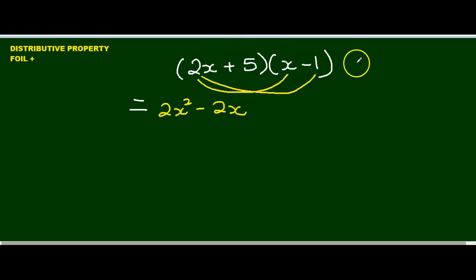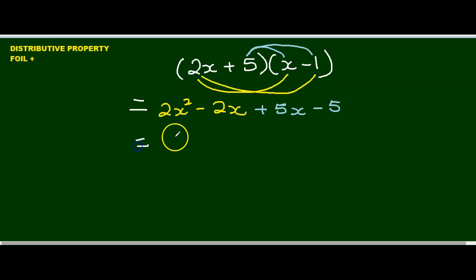Now I've run out of terms in my second parentheses, so I'm going to look at my next term here, which is the 5. I'm going to take the 5 and multiply it by each of the terms in the next parentheses. I'm going to do 5 times x gives me 5x, and 5 times -1 gives me -5.